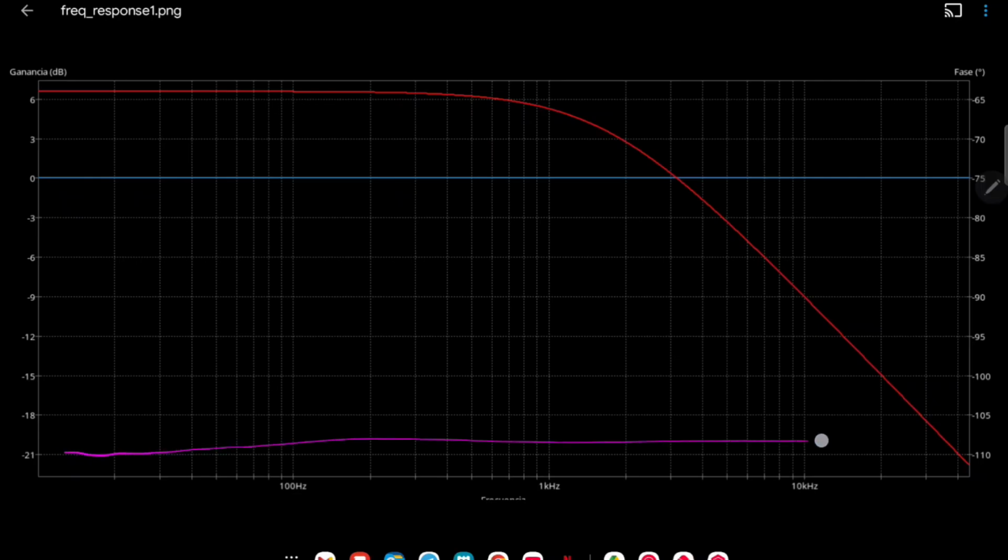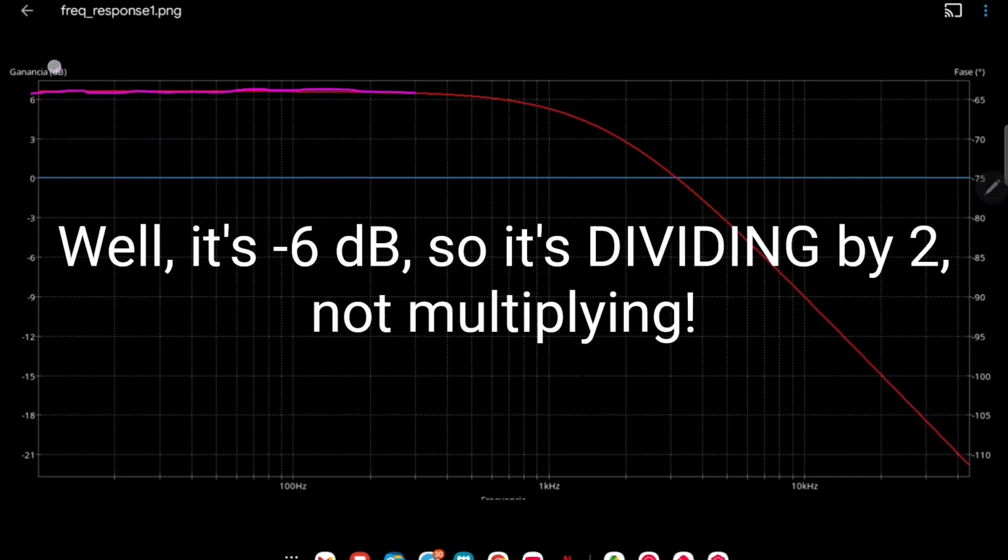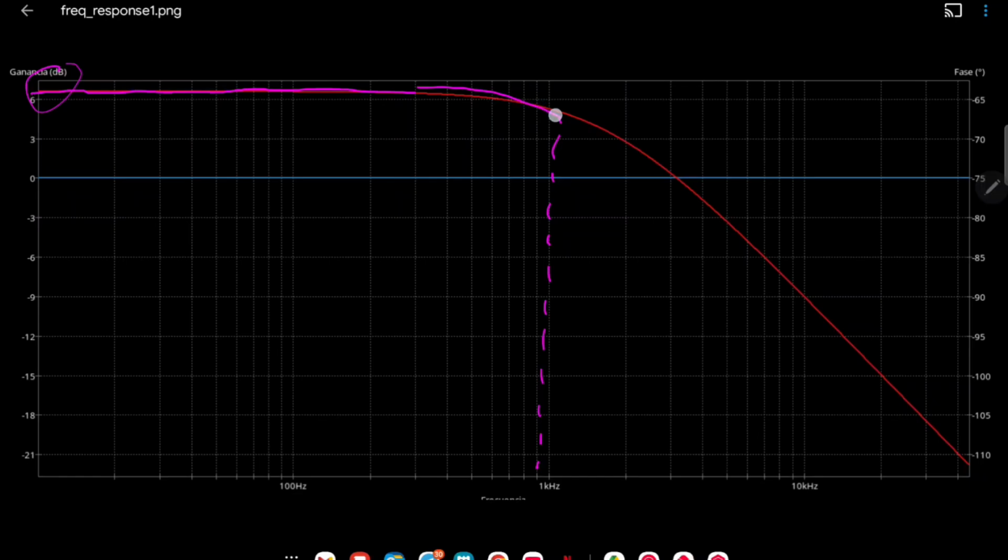In the horizontal axis we have our frequencies in a logarithmic scale, and in the vertical we have the gain, also in logarithmic scale in dBs. So as you can see, for low frequencies it's multiplying the signal by 2 or 6 dBs, and as we approach 1 kHz it starts to go down.